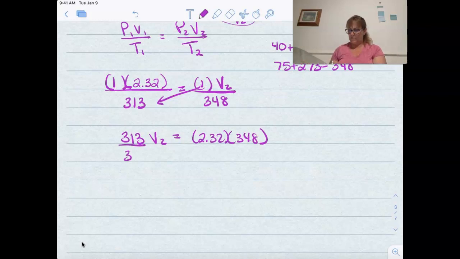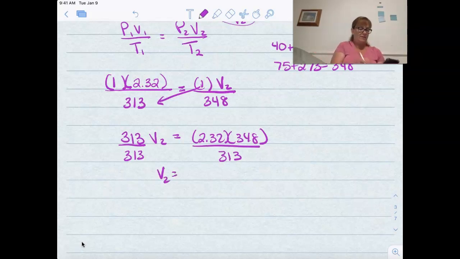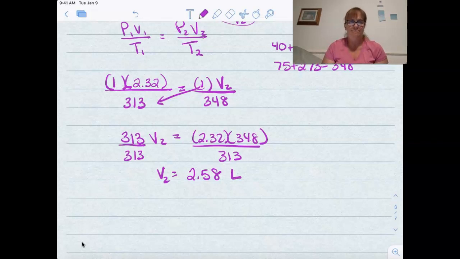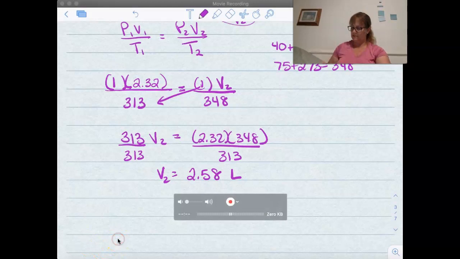We could divide both sides by 313, and we're going to get that V2 equals whatever this math equals. So I'm going to put into my calculator 2.32 times 348 divided by 313, and this is going to equal 2.58, when I put in significant digits, 2.58 liters, because that's the unit for our volume. Okay, easy enough. Let's go on to number 2.